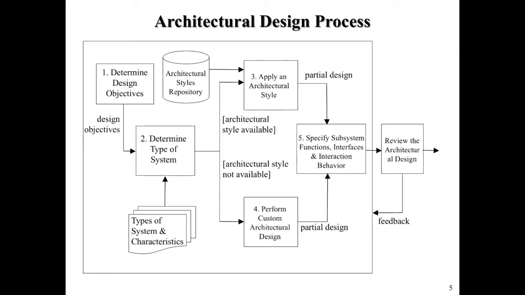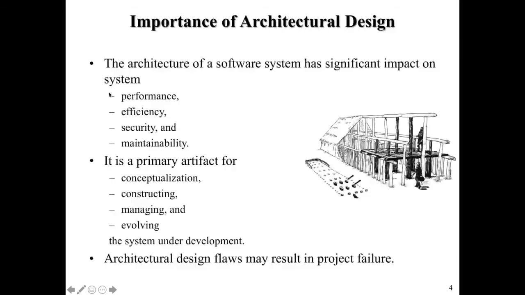What is the process for architectural design? What are the different steps? Essentially there are 5 or 6 different steps, and the 6th is the review, so you can call it a step also. The process starts by determining the design objectives. What are the objectives that you want to meet? As I said, what performance do you want to have?